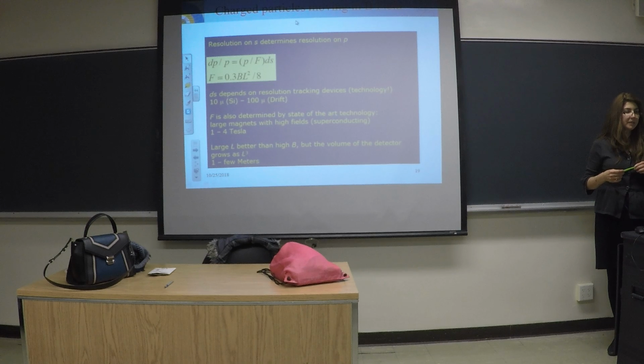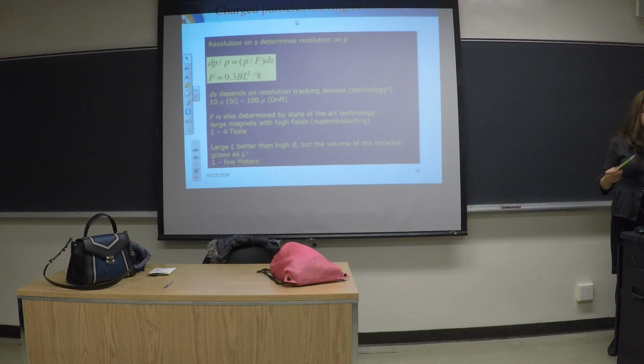The resolution on S depends on the resolution of the tracking devices, which is the silicon tracker, and we're talking about 10 to 100 microns for the silicon tracker. L and B are also determined by state-of-the-art technology, large magnets.